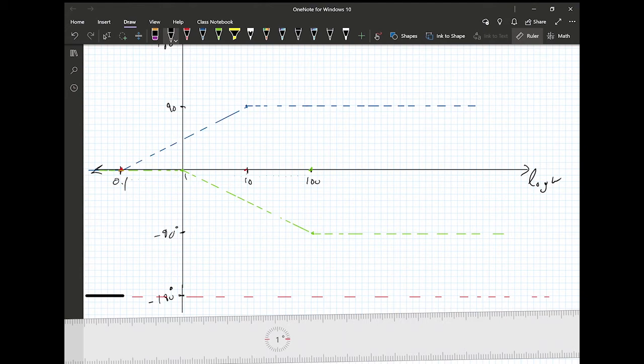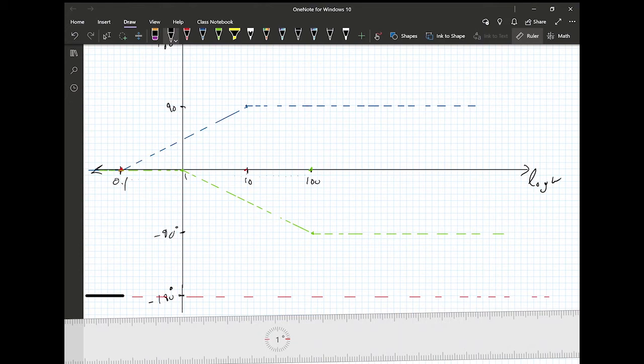Well, from 0.1 to 1, we have 1 decade, and during that 1 decade, the 0 starts acting up, right? And then we have a slope of 45 degrees per decade. So within that 1 decade, we should hit 45 degrees. So we should hit the midpoint between minus 90 and minus 180. We should hit minus 180 plus 45, which is minus 135.